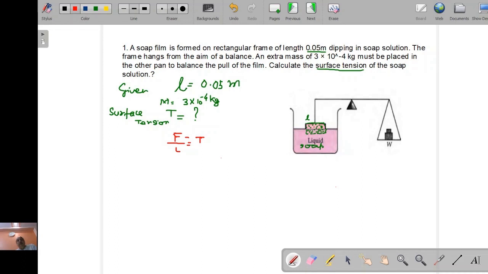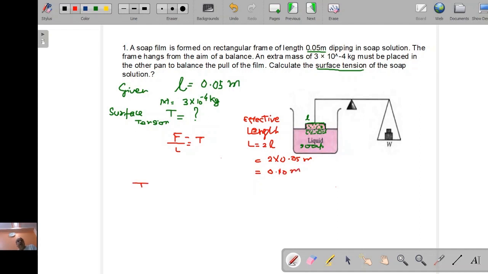As there is a film and a film has two sides, the effective length L will be 2 into L, because this film has two surfaces, upside and downside. So it is 2 into 0.05 meter. This is the effective length. That is 0.10 meter.